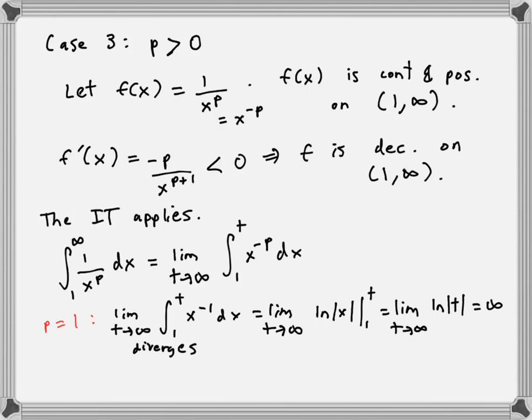So now let's do p is not 1. What's the limit as t goes to infinity of the integral from 1 to t of x to the -p dx? Well, we can now use the power rule on this.